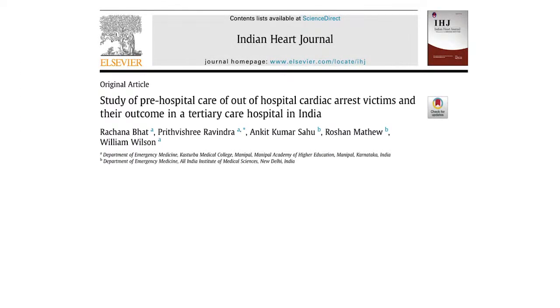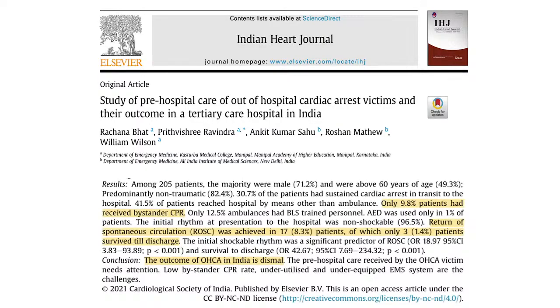This is another study conducted by our seniors, Rajna ma'am, Angit sir, Roshan sir. They also analyzed pre-hospital out-of-hospital cardiac arrest victims in a tertiary care hospital. They analyzed 205 patients, out of which only 9.8 percent had received bystander CPR. AED was used in only 1% of cases, and ROSC was achieved in 8.3% of the cases, out of which only 1.4% of patients survived till discharge.